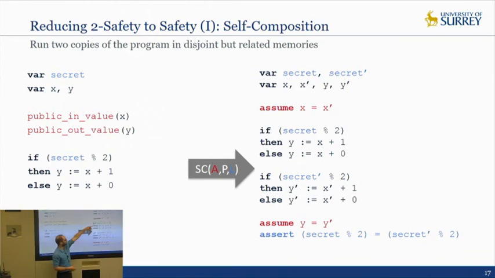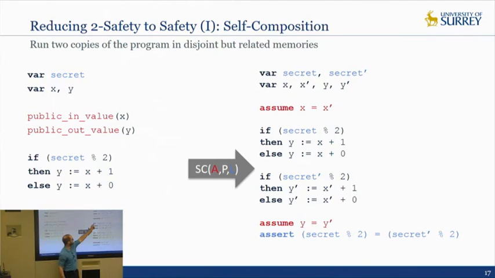So you prime all your variables, make sure that you don't have clashes and stuff like this. You make 2 copies of your program. You assume initially that your public inputs are the same on both sides. At the end, you assume that your publicly observable outputs are the same, and then eventually you assert that your public outputs, so here the leakage trace, which is the leakage of branching, are the same.